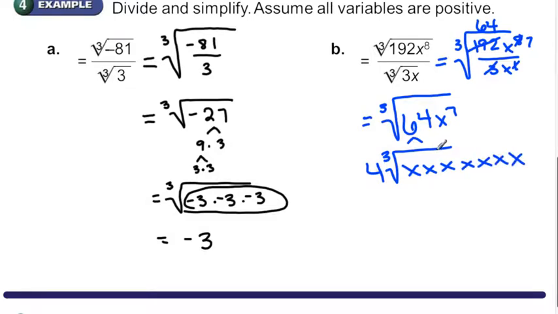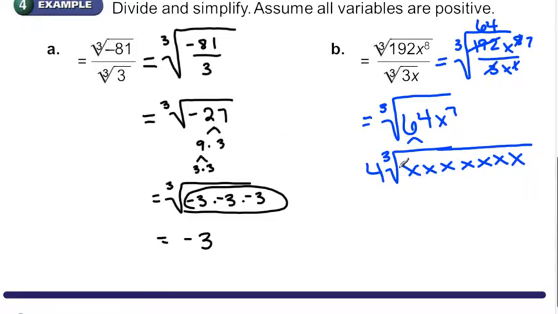Now the other way to think of this, and I kind of mashed up the methods on that first video, is to ask yourself, okay, how many times does 3 go into 7 evenly? Well, 2 times, and I'd have 1 left over. So you'd have 2 x's out front, and you'd have 1 left underneath.